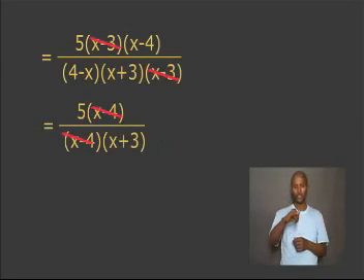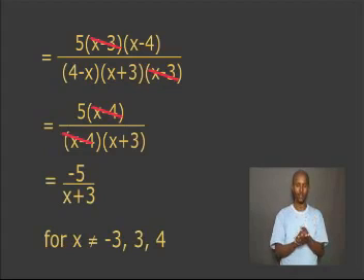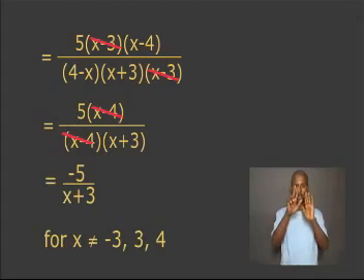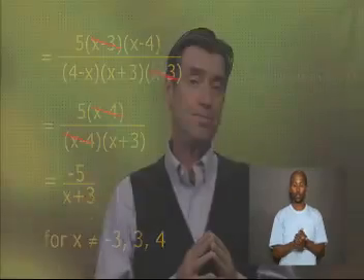Then we cancel common factors on both numerator and denominator. X minus 4 and x minus 3 cancel out. We can multiply the terms and find our answer, which is negative 5 over x plus 3. For x cannot equal negative 3, 3, or 4.